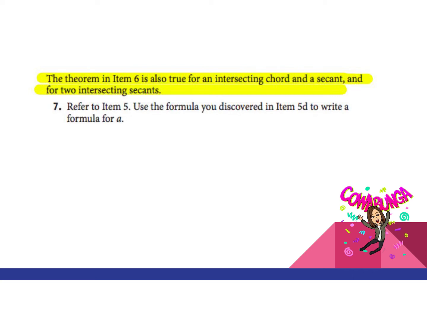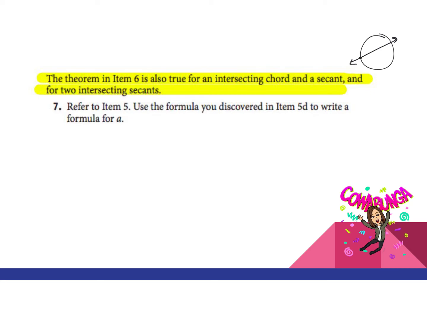So let's think back to what a secant line is from our last section of learning. Remember, a secant is going to be piercing through a circle. So we have a circle, and a secant pierces through the circle. So it'll touch the circle in two spots.